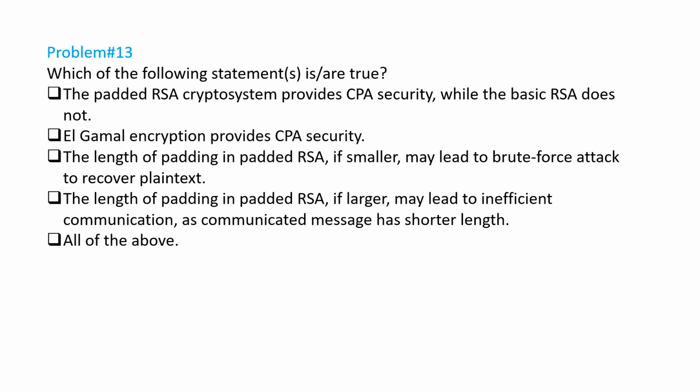Because basic RSA does not provide CPA security, that's why we proceed to encrypting some shorter length of messages by providing some particular length of random bits padded to it, and we try to ensure that the encryption algorithm is randomized by the random choice of these padded bits. As the encryption algorithm now becomes randomized, we look forward to achieving CPA security. So yes, first option is correct.